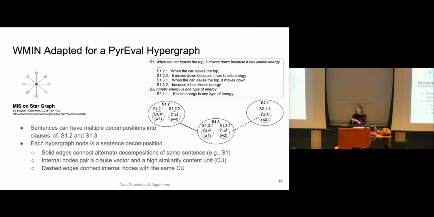Then each internal clause node is matched to a set, top K, of content units that it's got sufficient cosine similarity to. But notice that here we have content unit 5 occurring in both these hyper nodes. And it's got a little dashed edge. That's for, we cannot pick both of those. The content unit can't match both because we only want to give the student credit for getting that idea once.